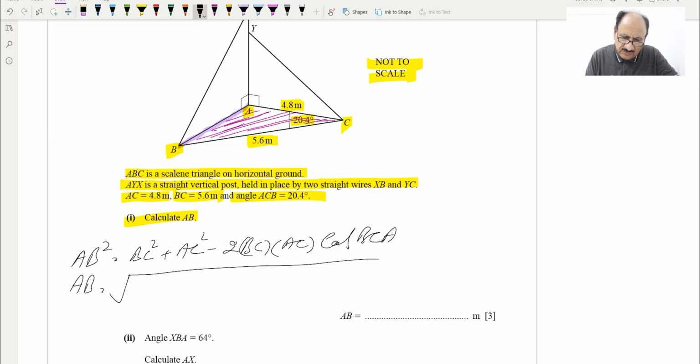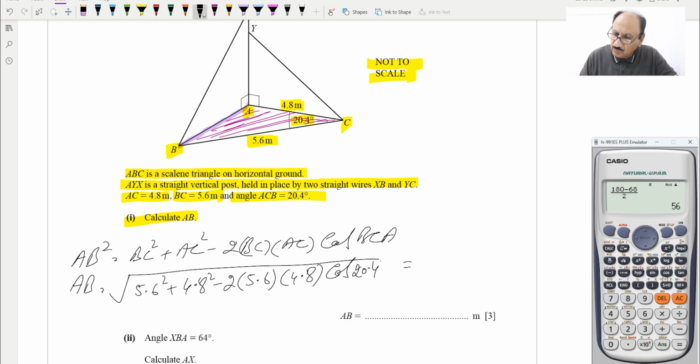And now we can replace the values, and AB will be equal to, we can take the root and write the values. BC square means 5.6 square plus AC, 4.8 square minus 2 into 5.6 into 4.8, cos of angle 20.4.